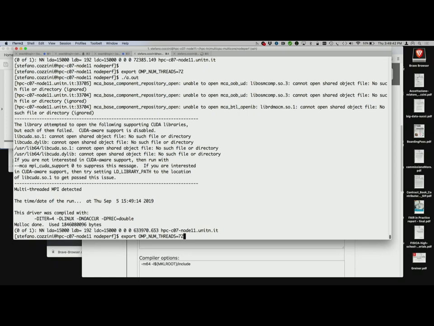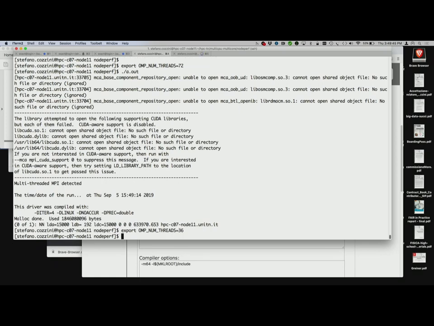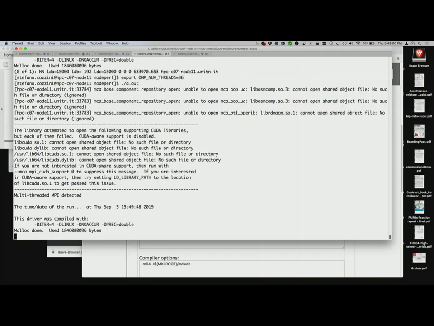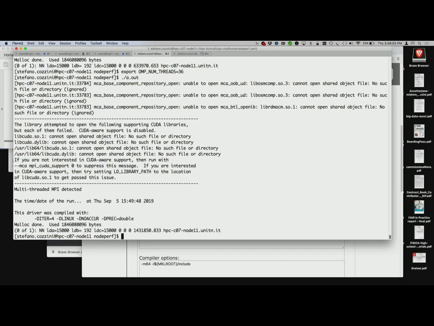Let me see if we do it this way. This is the alpha. Now we have 1.4, so it's something like 20 times faster. It was 72, and this is something like 1043 gigaflops.